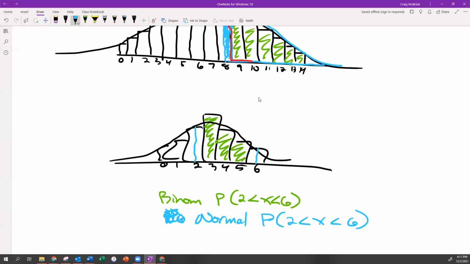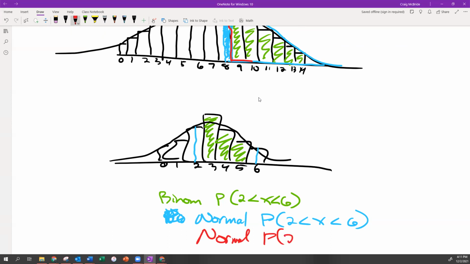And that's no good, right? It gives us half of 6 and half of 2. It gives us half of the area of the binomial rectangle that represents 6, and half, it gives us too much, right?